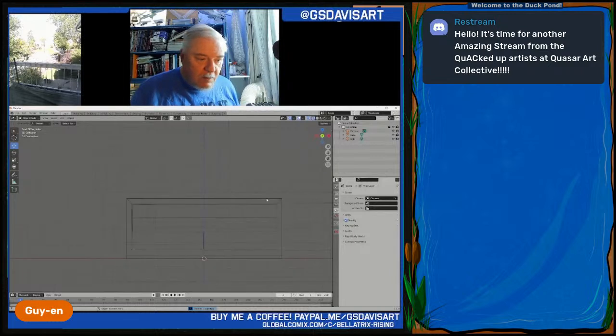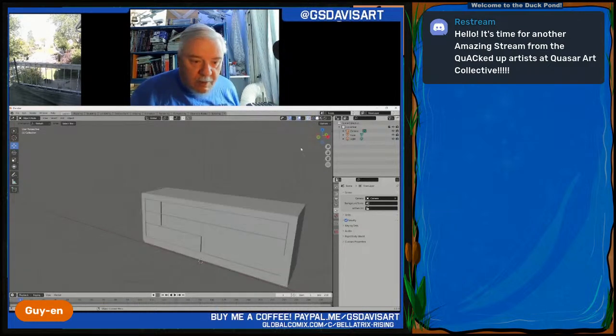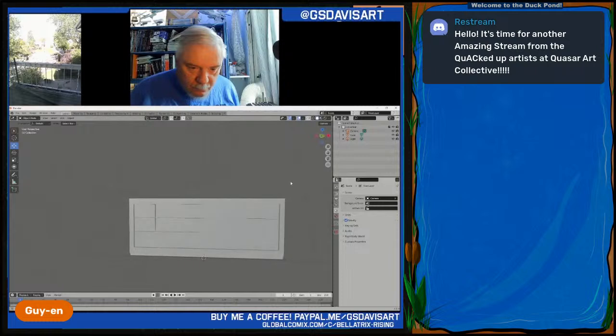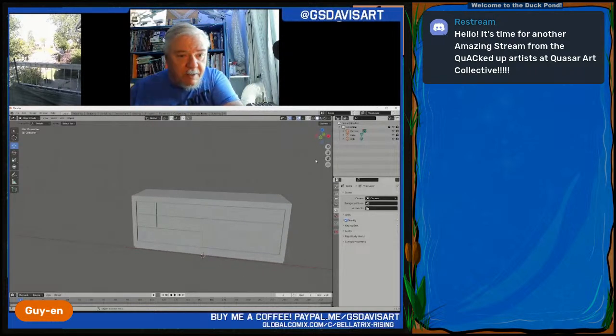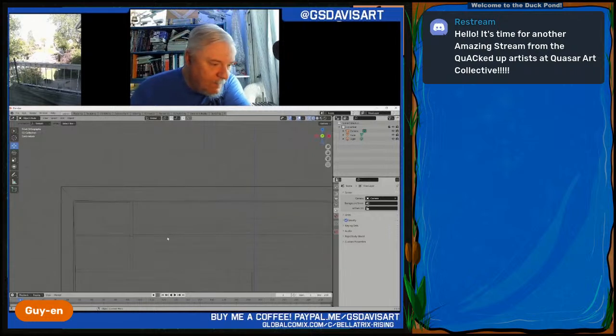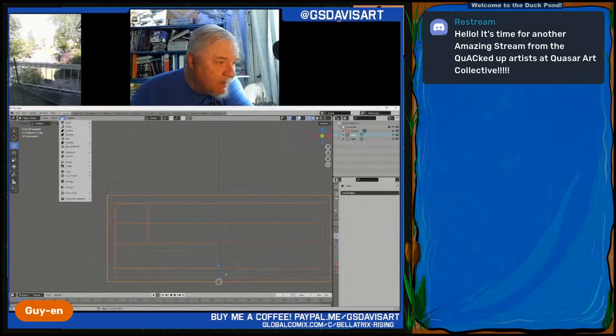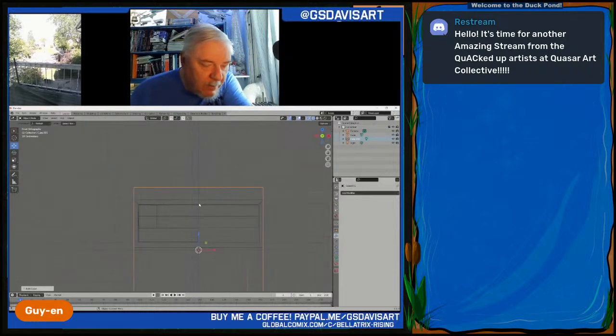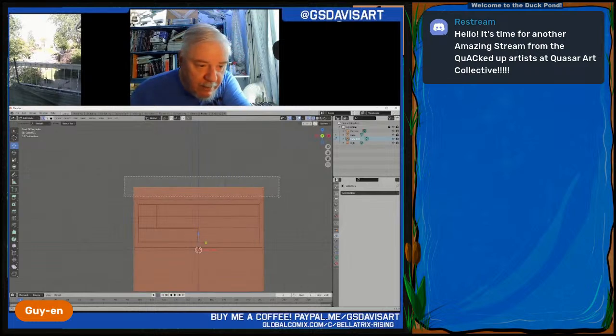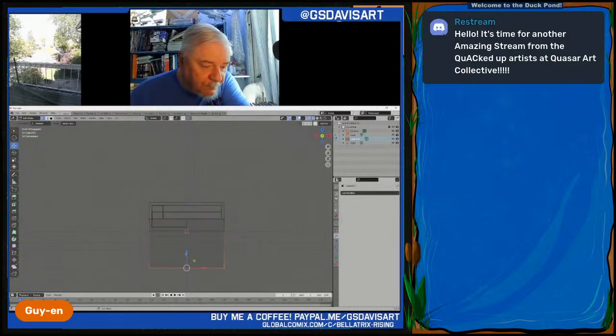There we go. Now what we've built is just effectively my chest of drawers when I was a child. And you may ask yourself, why do I do these things? I didn't get one of the drawers, of course, that's even weirder. I think somewhere along the line, it really got annoyed by some function of Boolean. Which is fine. Booleans are hard for 3D programs. They always have been.